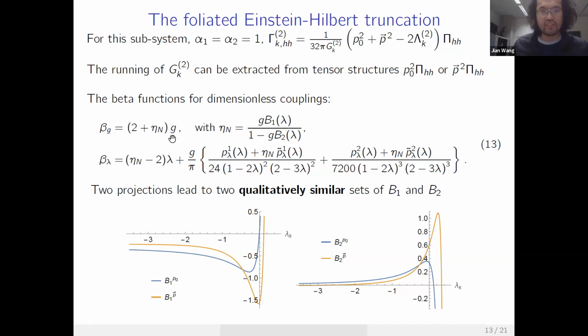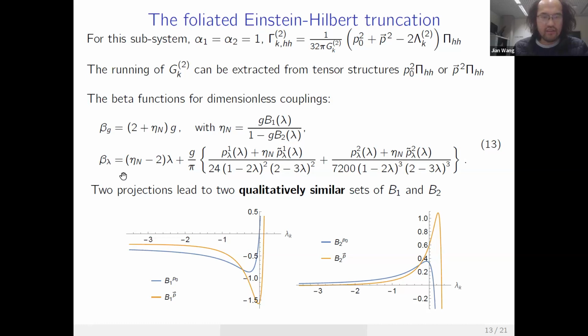The beta function of G is almost the same as the background computation, since in this case we didn't consider the Newton coupling from the 3-point vertices. So in that sense, you can see the Newton coupling is not disentangled from the anomalous dimension of the graviton.